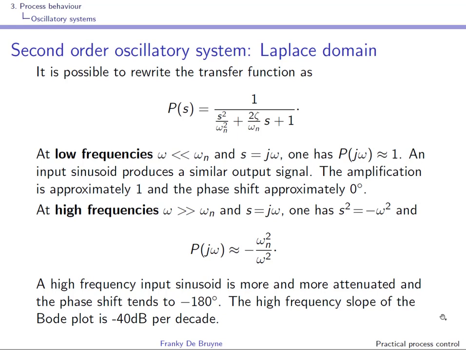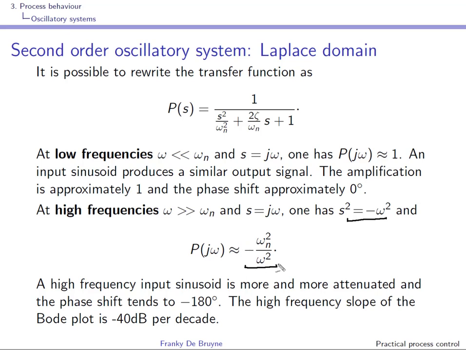At high frequencies, much larger than the natural frequency, it is this term that will be dominating. If s is equal to j omega, then s squared is equal to minus omega squared. So if this term in the denominator is dominating, the transfer function evaluated on the j omega axis will be approximately minus the natural frequency squared divided by omega squared.